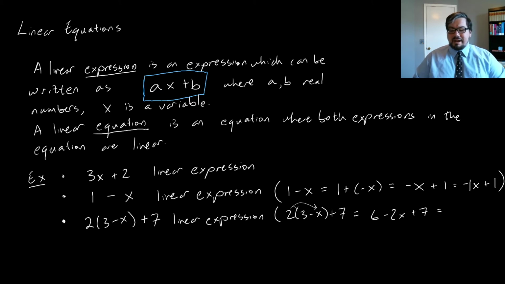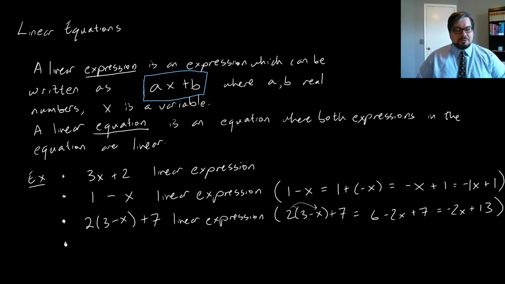And now if we rearrange things, we can put the negative 2x in front, and then the 6 and the 7 combine to equal 13. So the expression 2 times 3 minus x plus 7, we're still going to consider it a linear expression because it can be written in the form ax plus b.